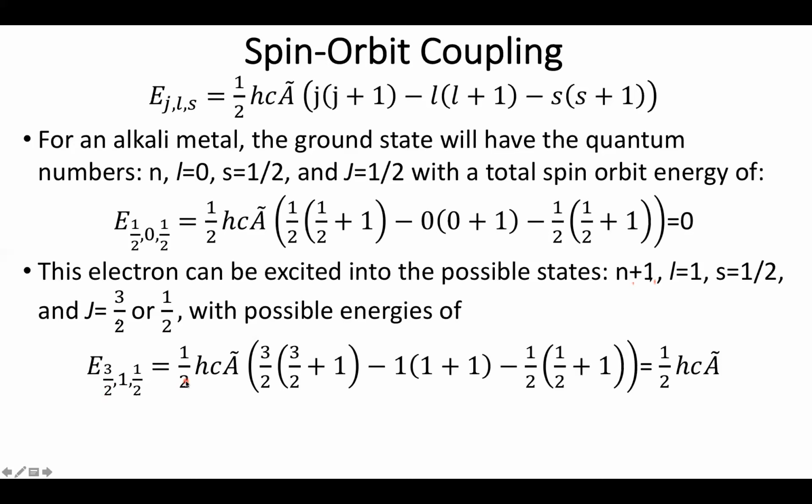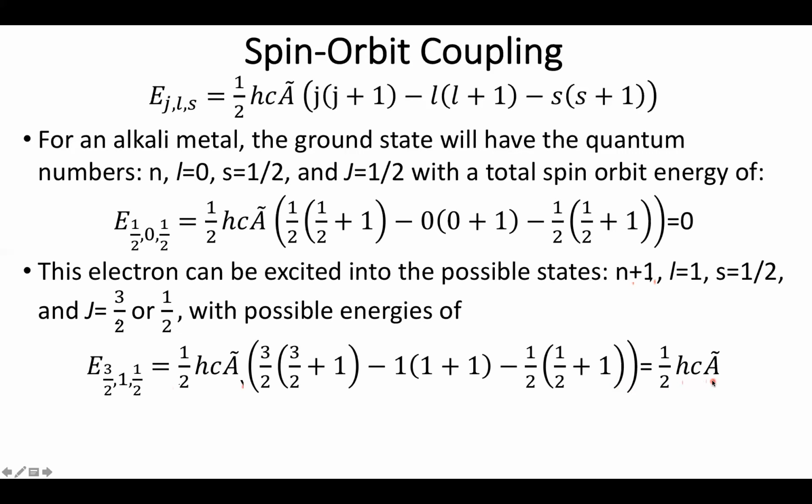And so in this case, we have our 1/2 hc times this spin orbit coupling constant times 15/4 minus 2 for the orbit minus my 3/4 for the spin. And when we put this all together, what we end up with is an energy of 1/2 times hc times the coupling constant.